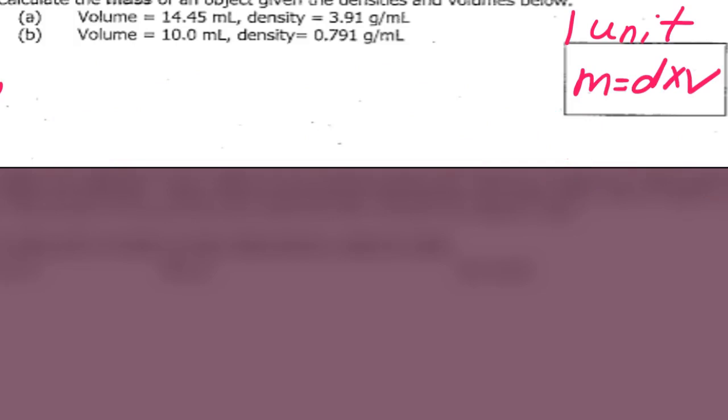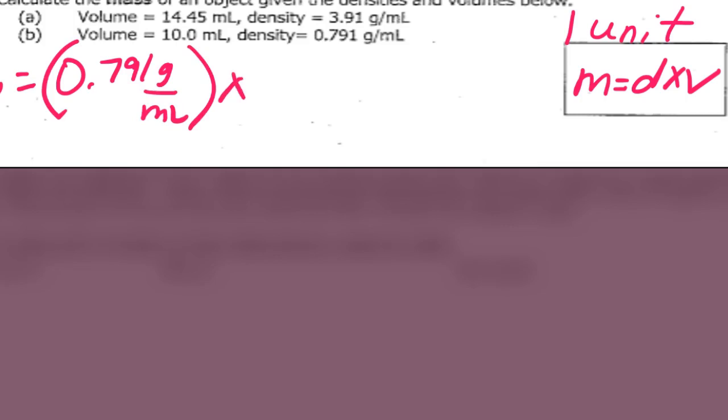Now, as we look at letter B, we need to plug in the numbers again, and we know the density was 0.791 grams per milliliter times volume, 10.0 milliliters. Remember, our milliliters are going to cancel out. And so we're left with grams, okay?